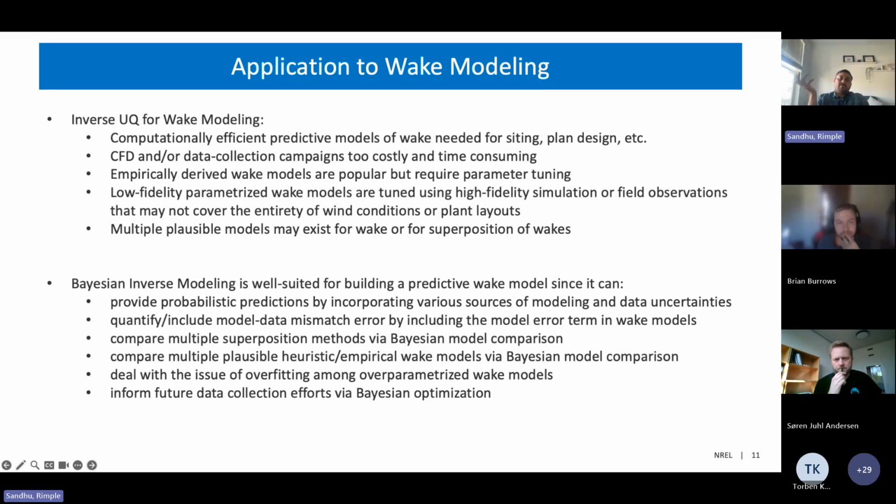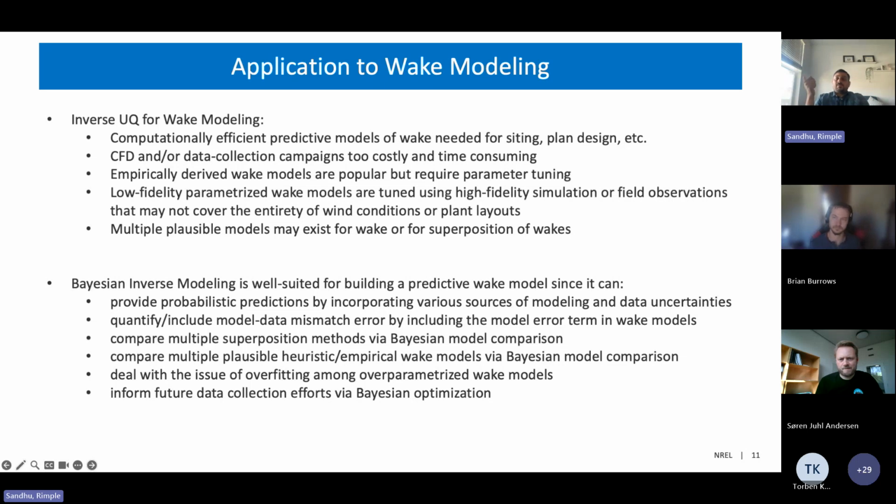So how could Bayesian inverse modeling help in this situation? It could include modeling and data uncertainties, like I mentioned, by adding a model discrepancy error term, by proposing a bunch of models and then comparing them using Bayesian model comparison. You could propose multiple heuristic or empirical wake models and then compare them. You can deal with overfitting.